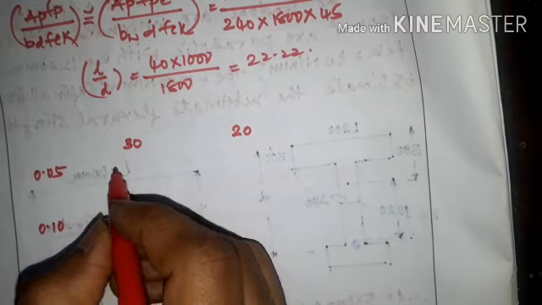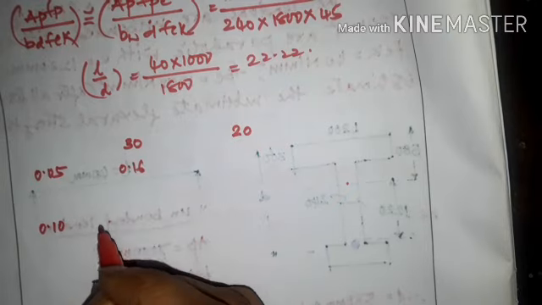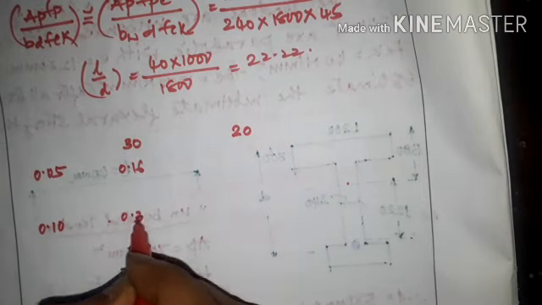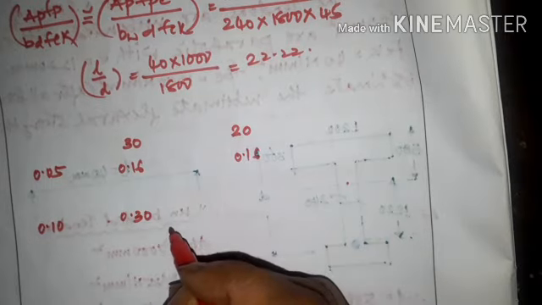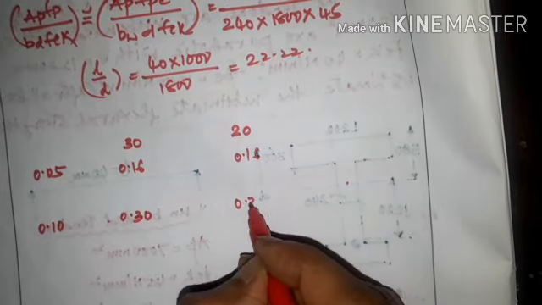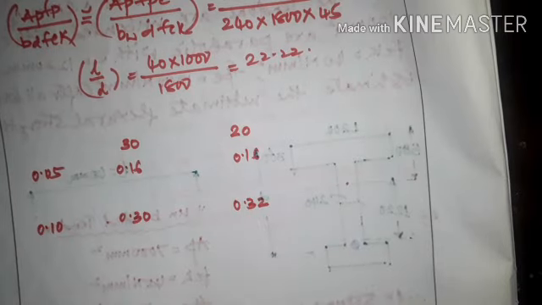So for 30 we have got this value as 0.16, and this is for 0.3, this is again 0.16, this we have got as 0.32. Okay, if you check and note down.